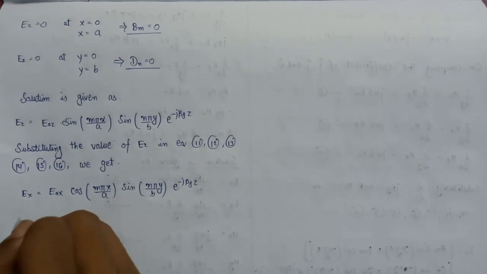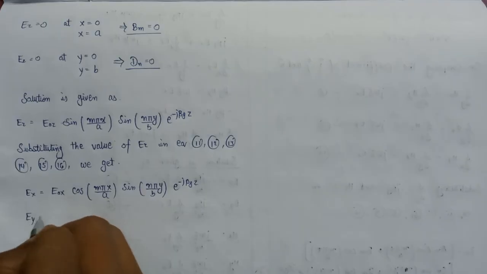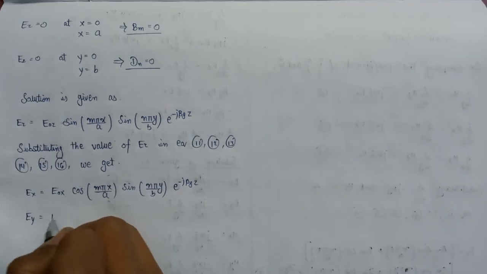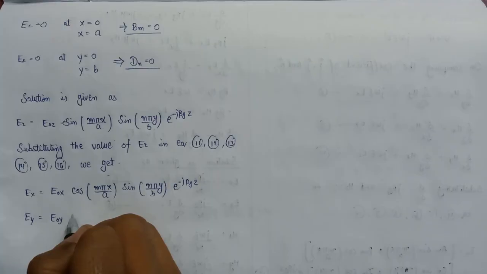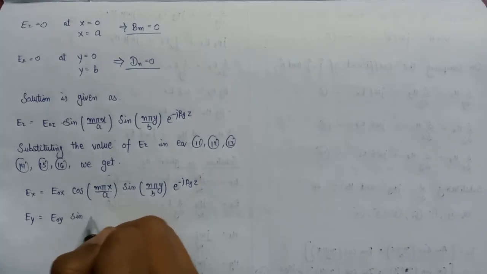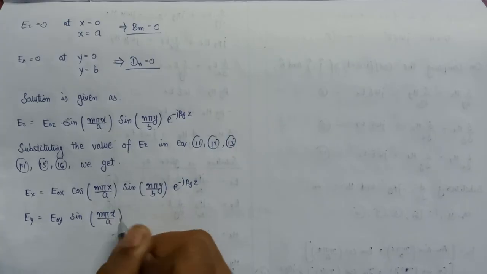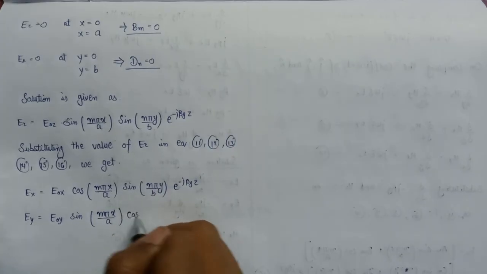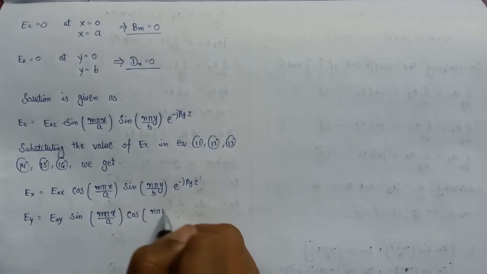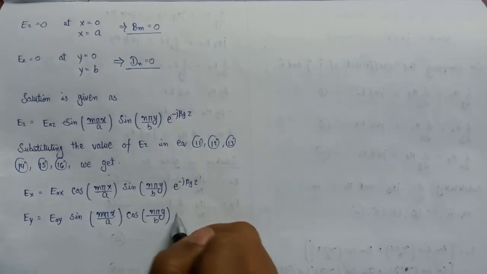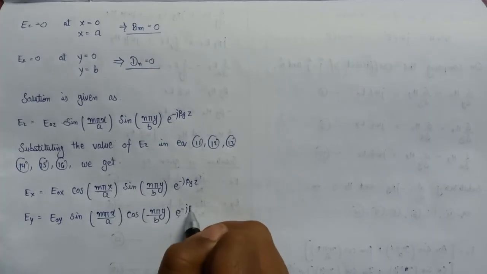Similarly, for the value of E of y, we get E of 0y sine m pi x over a cos n pi y over b e to the power minus j beta gz.